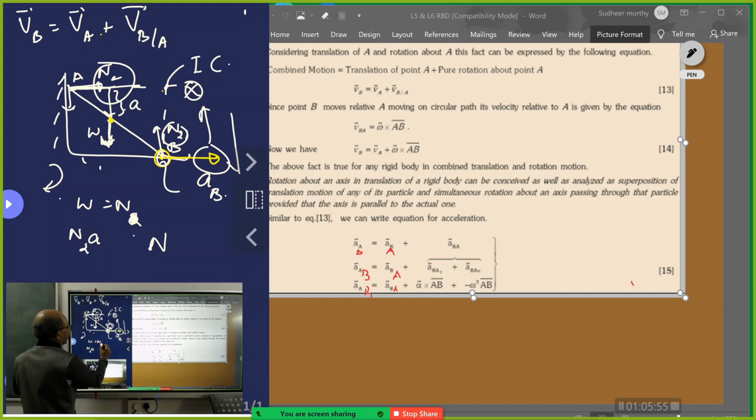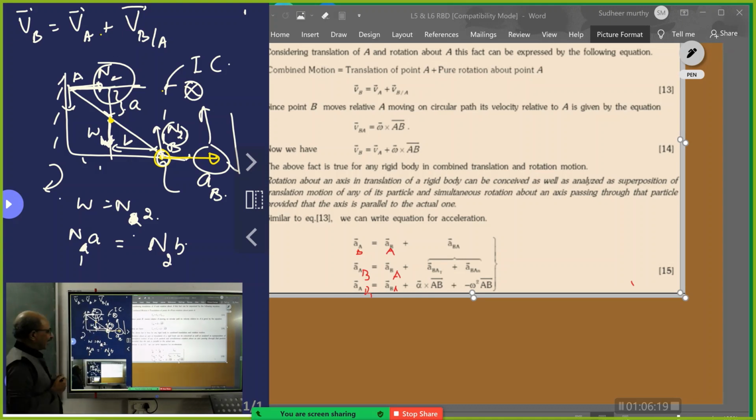W is equal to N1, correct? So this is N1 into A, and due to this it becomes what? N2 into, supposing this perpendicular distance is B. Now if N1 into A is equal to N2 into B, then it will not rotate. The ladder will be like this only.